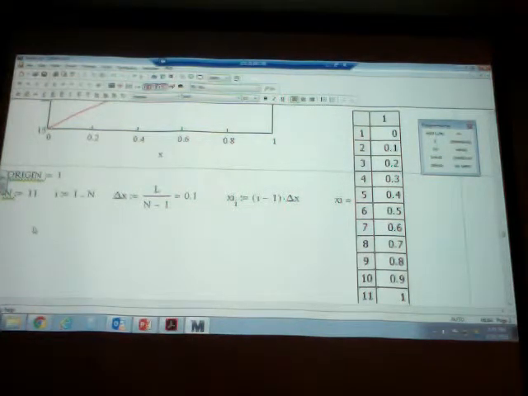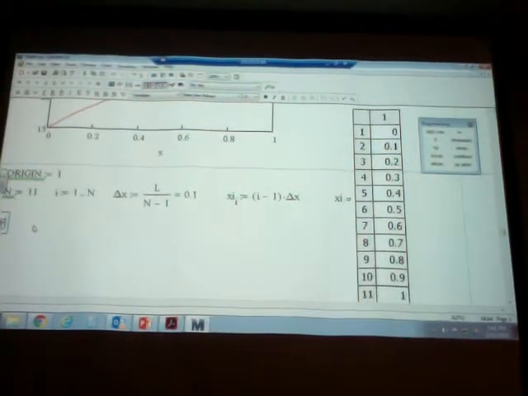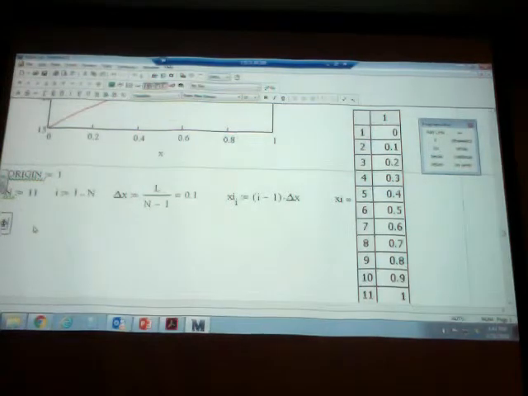So, all right, what next? I need the trial functions. The trial functions that we're going to use are phi, capital F, control G, that's Greek F. And those are going to be a function of x and a function of j.